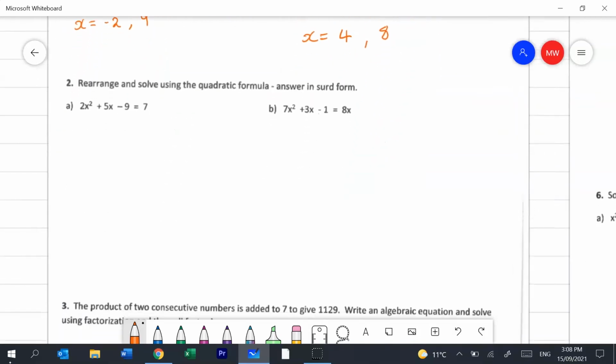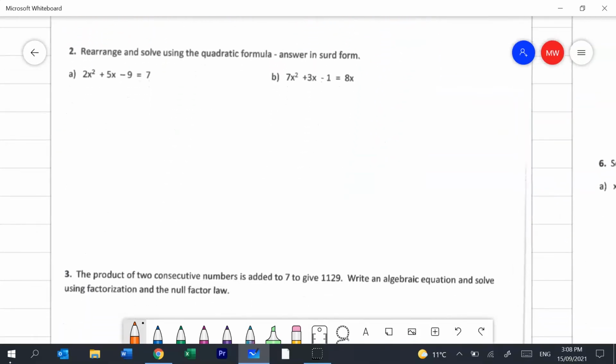Okay, question 2. We're going to use the quadratic formula for this one. So the quadratic formula is x equals minus b plus or minus the square root of b squared minus 4ac all over 2a.